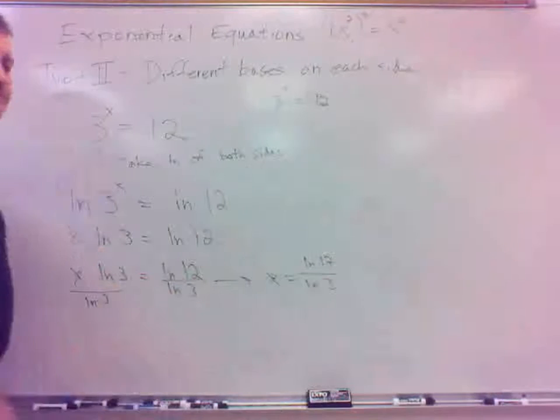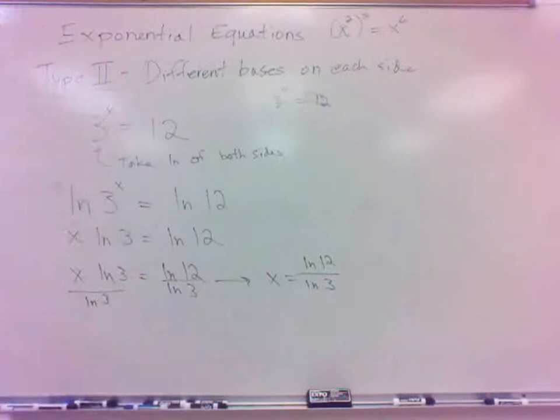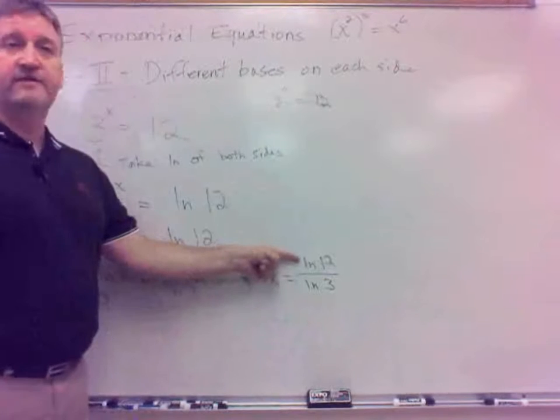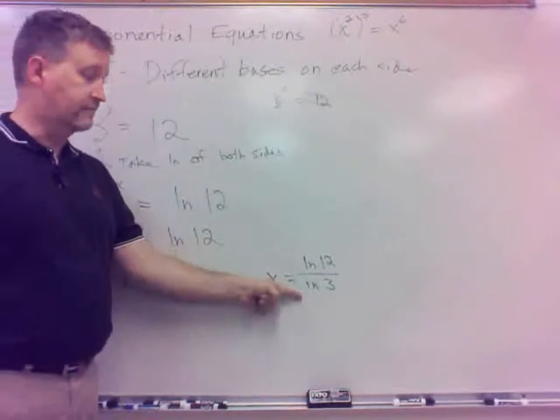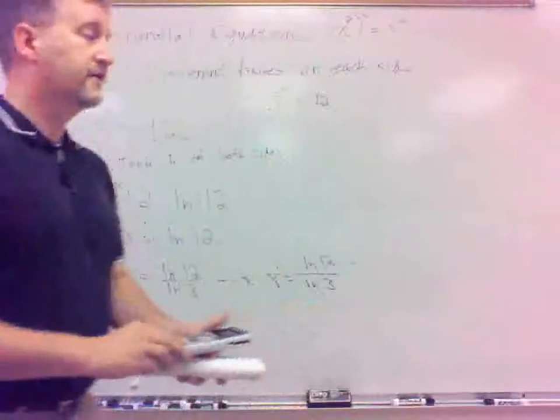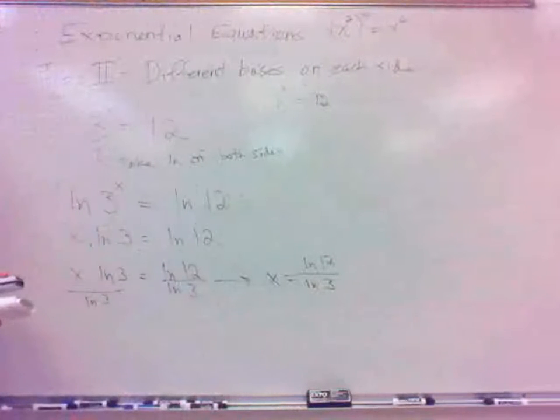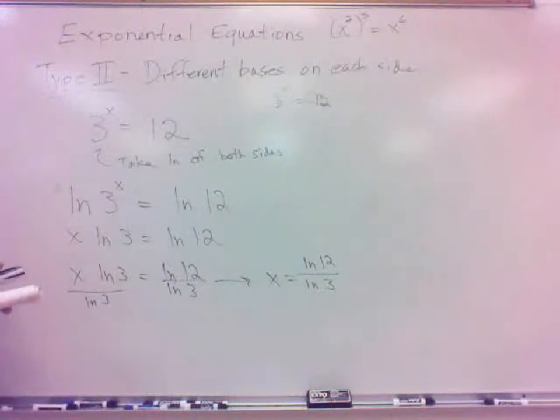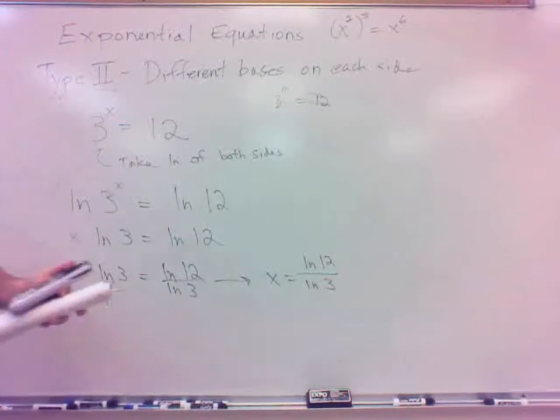Those are just two numbers, and that's why we chose ln, because I can punch ln of 12 on my calculator, I can punch ln of 3 on my calculator, and it'll give me those numbers. And usually they'll want you to round it. That would be the exact answer, but if we want to round it, ln of 12 is 2.48.